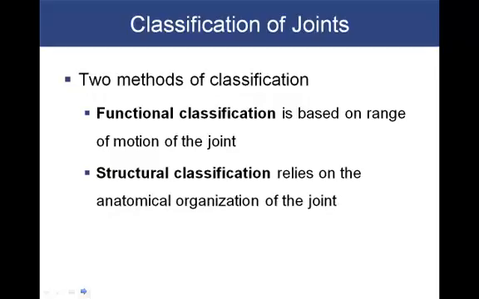We have a functional classification, and this is the classification that we're going to run with. The functional classification is based on that range of motion. The other way that joints have been classified in the past is based on their structure. I'll mention it, but we're not going to focus on that. We're going to focus on the functional.